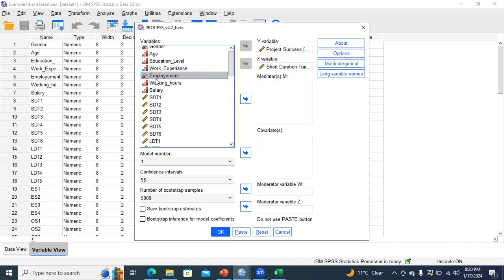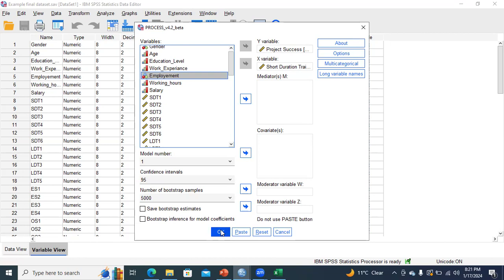Always remember that the number of characters in a variable name must be no more than 8. So 1, 2, 3, 4, 5, 6, 7, 8, 9, 10, 11. There are 11 characters in this variable name, so we need to shorten it. Otherwise, it will give you an error.